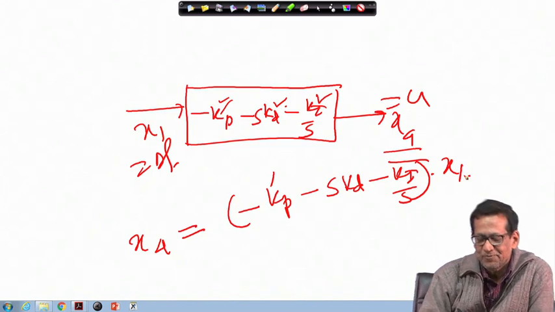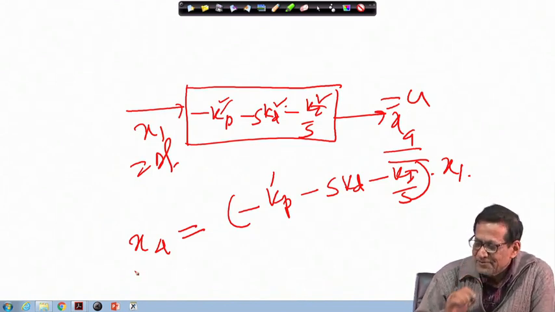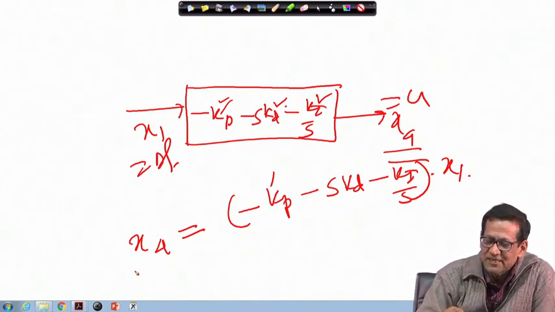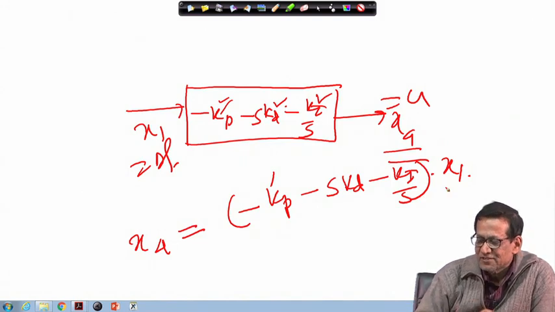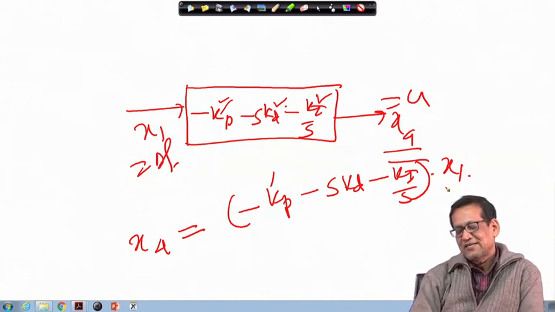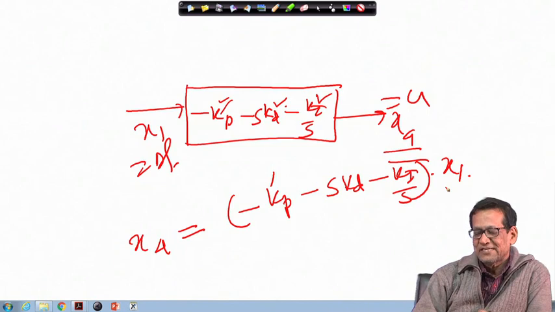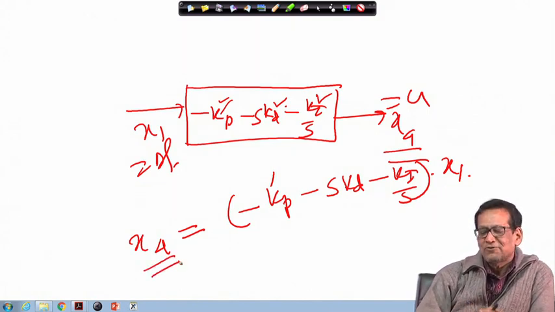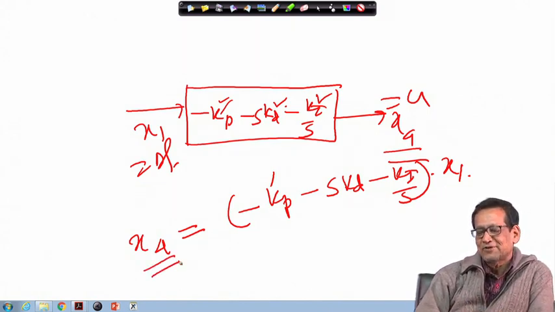Now, on both sides you multiply and evaluate the S Kd and Ki upon S terms. So how do we actually evaluate this? The process will be a little bit complicated if you consider all these three.